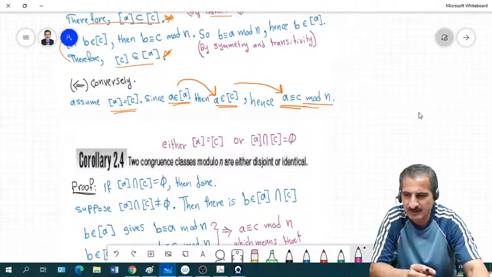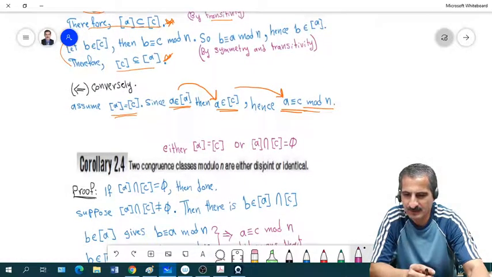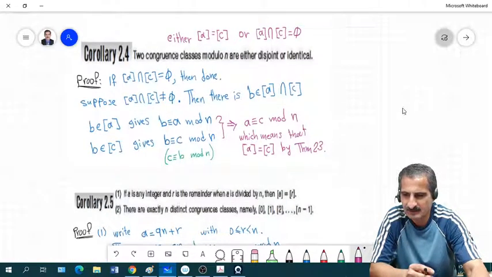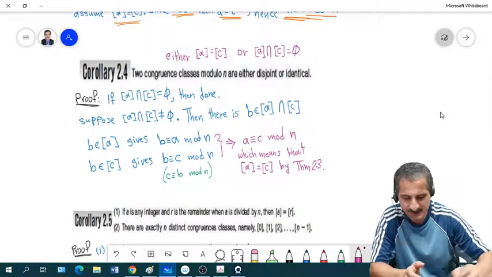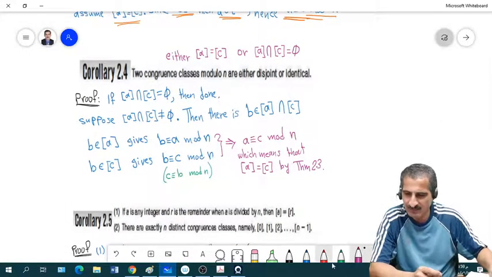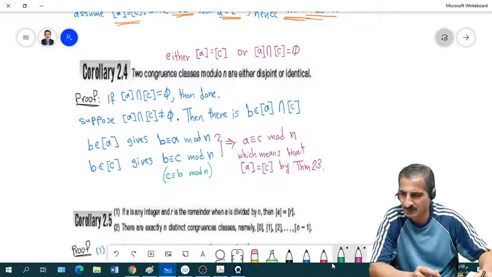Okay, let us prove the next theorem. This theorem says if we have two congruence classes modulo n, then they are either disjoint or they are identical.